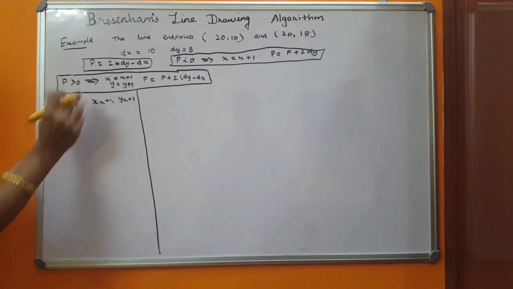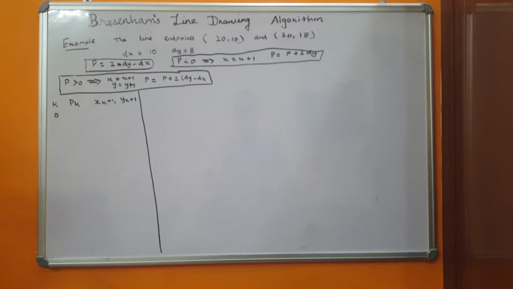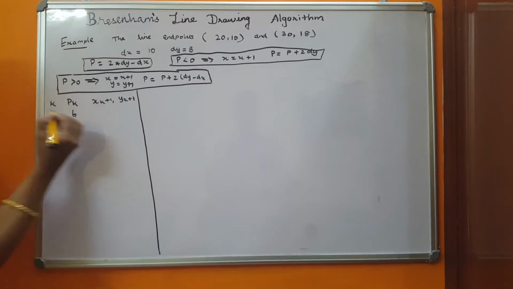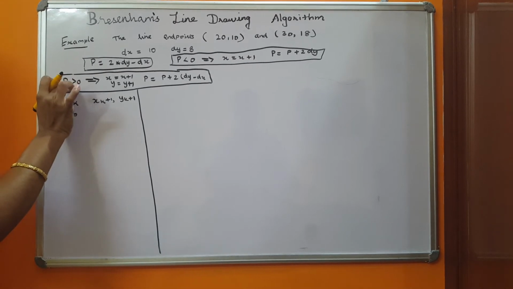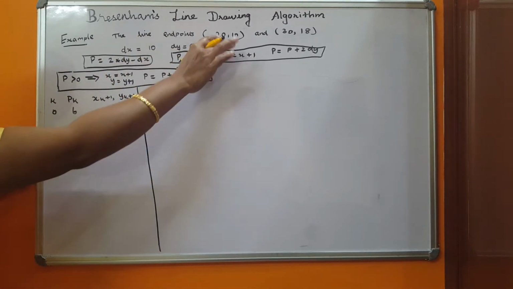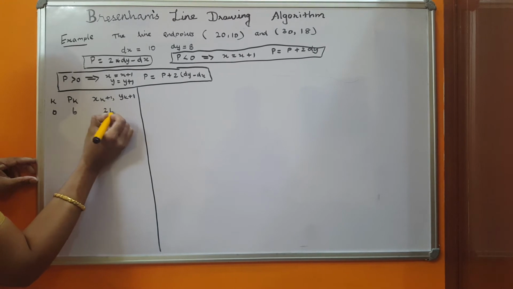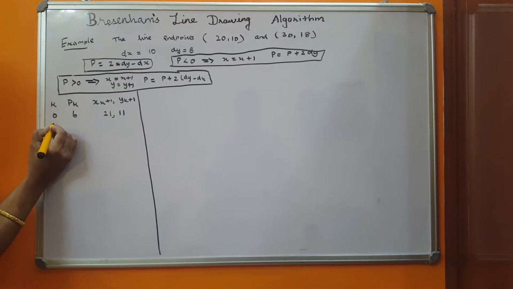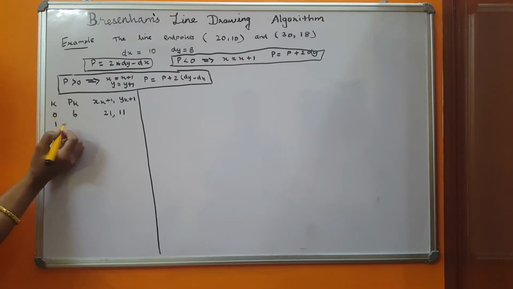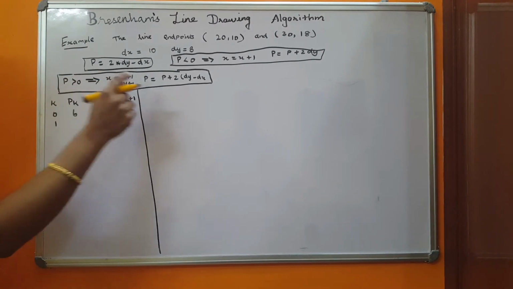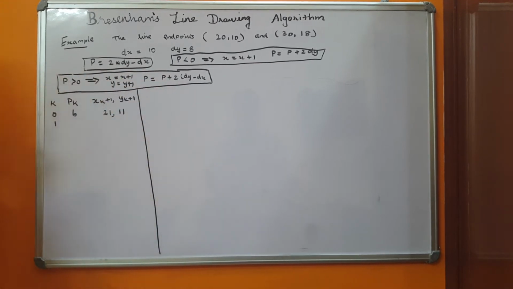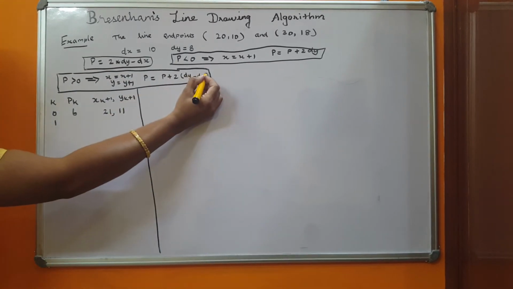In the first step, initial value, we get p value 6, which one is greater than 0. So x is incremented, y also incremented. Next step, it is greater than 0, so we substitute this formula, p equal to p plus 2 into dy minus dx.